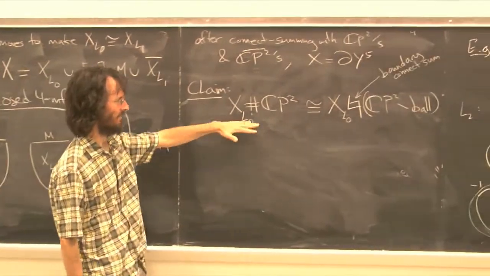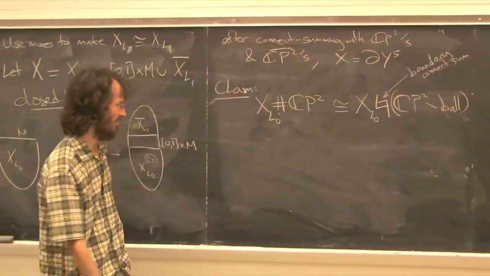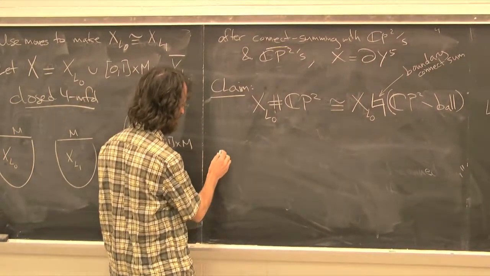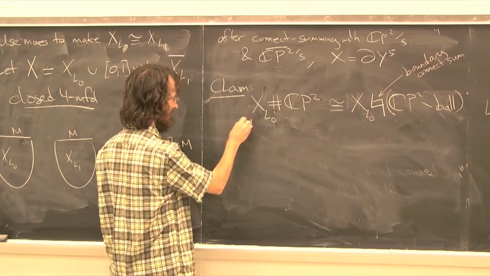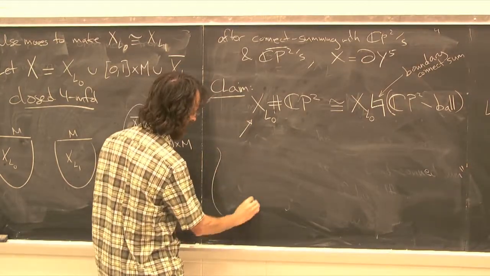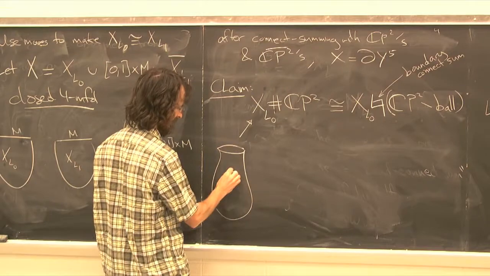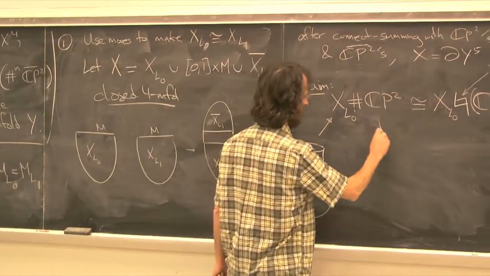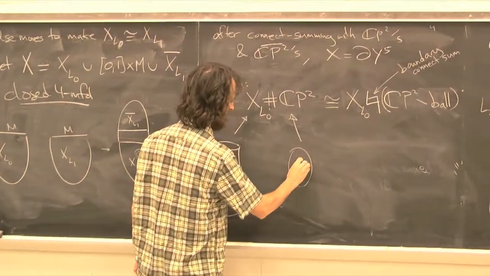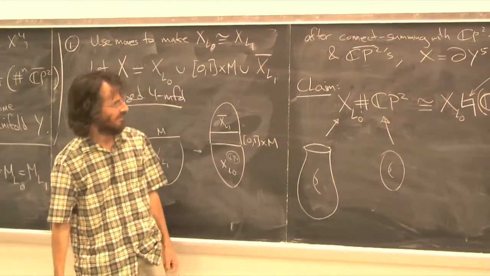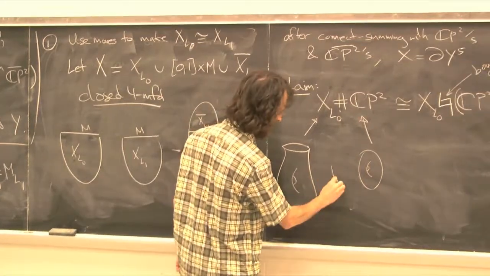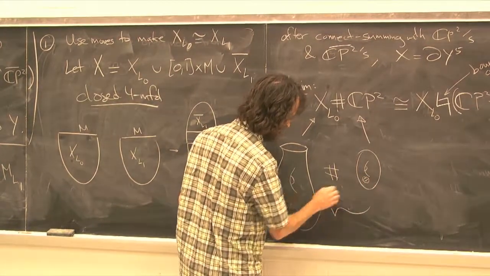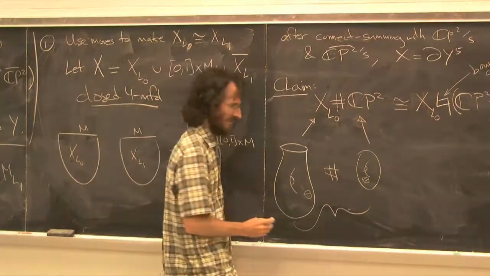As I claim, this actually works in arbitrary dimensions, but let me just do a 2-dimensional example to illustrate this. So suppose that this looks like a genus 1 surface with boundary, and suppose that this is another closed genus 1 surface. So the connect sum of the two of them is going to be, I remove a disk here, remove a disk here, and smush them on.